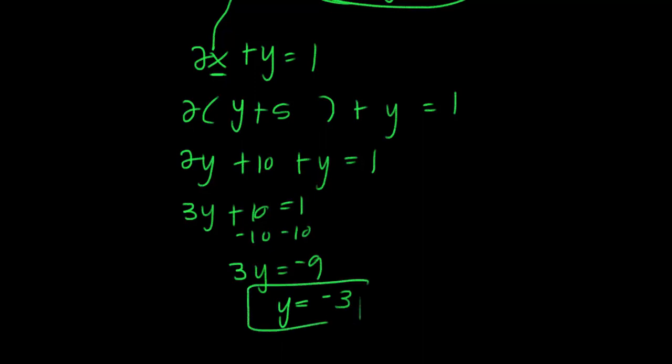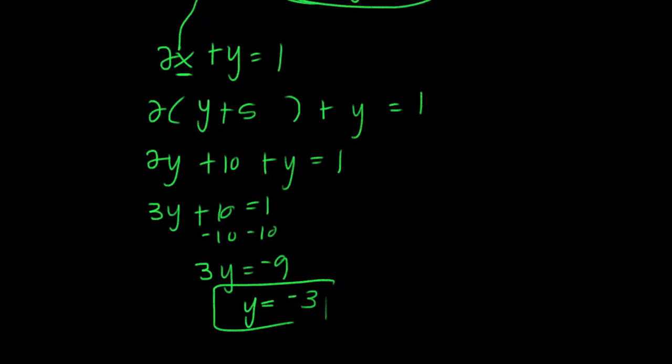Well, this is not my final answer. I probably shouldn't have put a box around it. In fact, I'm going to erase that really quickly, because my final answer will be a coordinate.